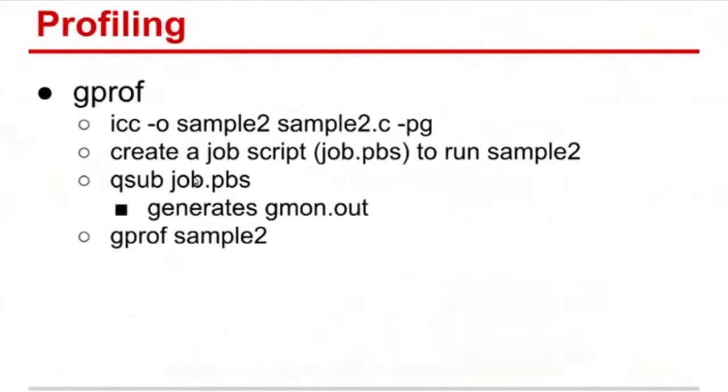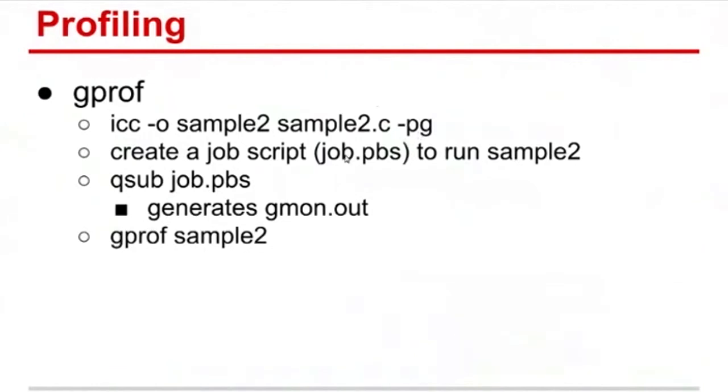I want to mention a little bit about profiling because this is also part of optimizing your runs. There are utilities that allow you to get a profile of your running job to see which part of your program you're spending a lot of time in. One way to do that is, when you compile your program, to add a -pg flag.